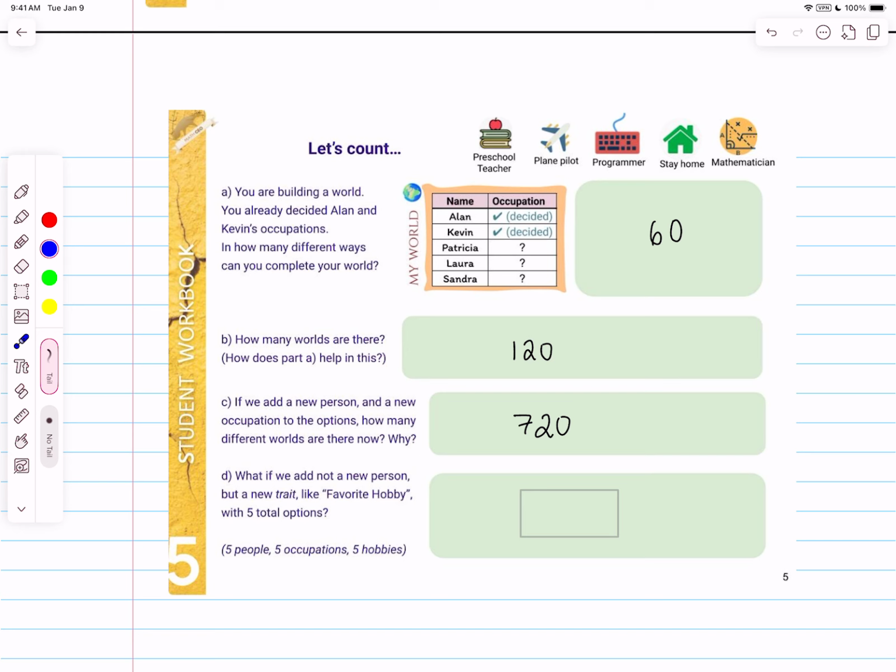But you should watch the previous video for some good ways to investigate these combinatorial problems. And then last, if we add not a new person, but a new trait, like favorite hobby, with 5 total options, how many ways are there to fill out this table now? I did the math. I believe the answer is 14,400.